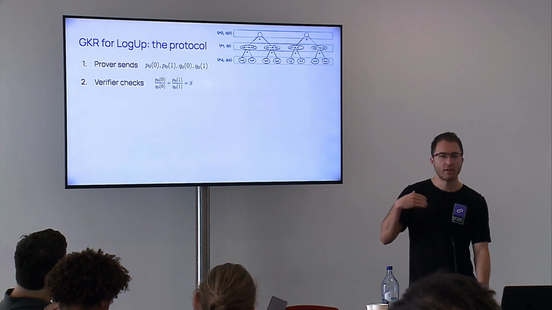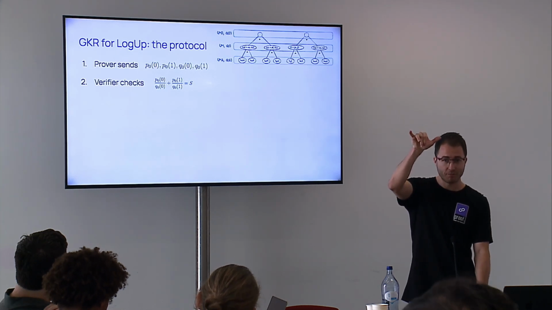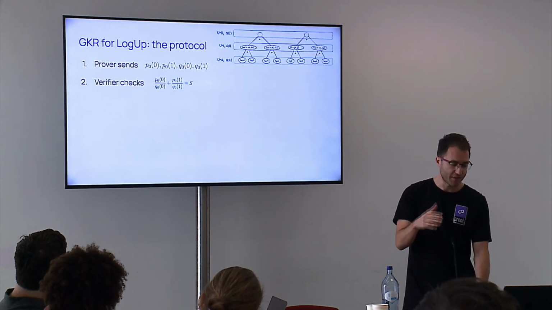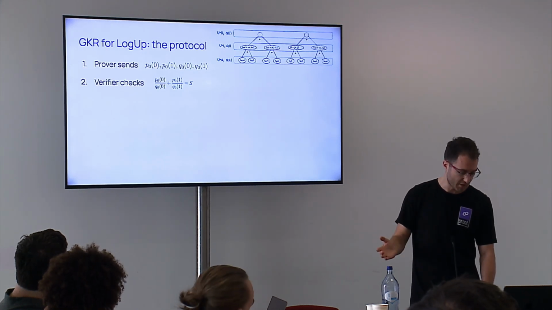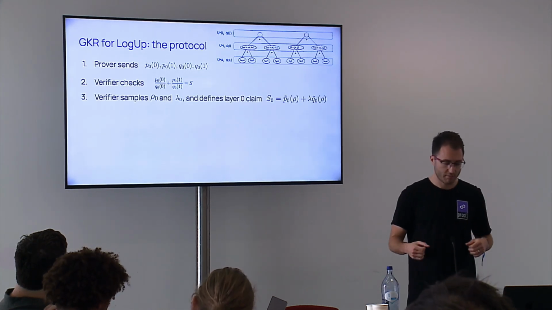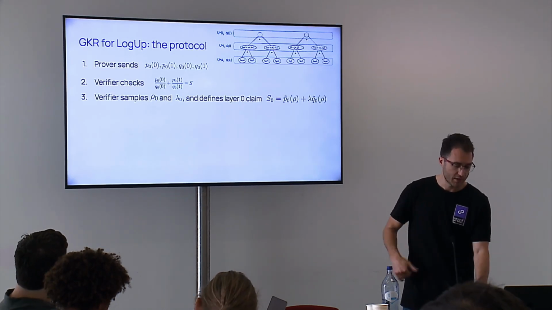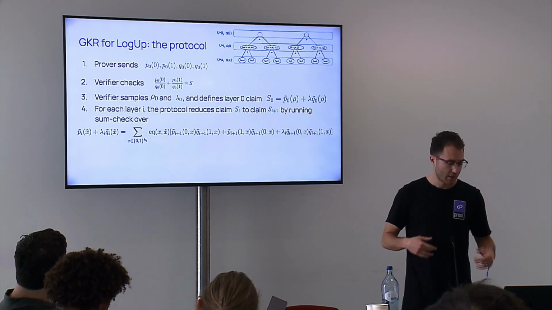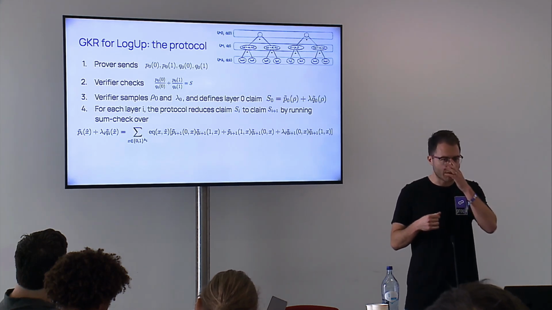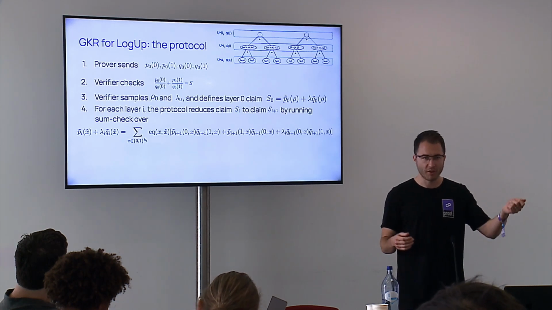If the verifier agrees, okay, perfect, your output layer is good. Now I'm going to need you to prove that it's effectively related all the way down to the input layer, that this is not just some random numbers you sent me. So then we sample an evaluation point for P and Q. This is, okay, prove this to me. At every layer, we're going to run sum check at this random point, which is this polynomial check of sampling at a random point.